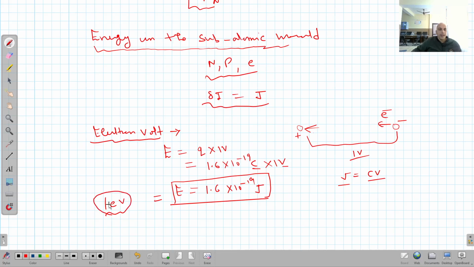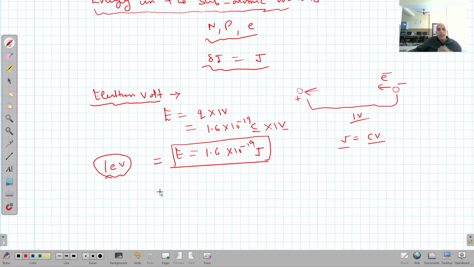Now we can even have bigger units of energy, right? Mega electron volt. Mega means I am taking 10 to the power 6 of this. 1 electron volt is 1.6 into 10 raised to power minus 19, so that will become 1.6 into 10 raised to power minus 13 joule.